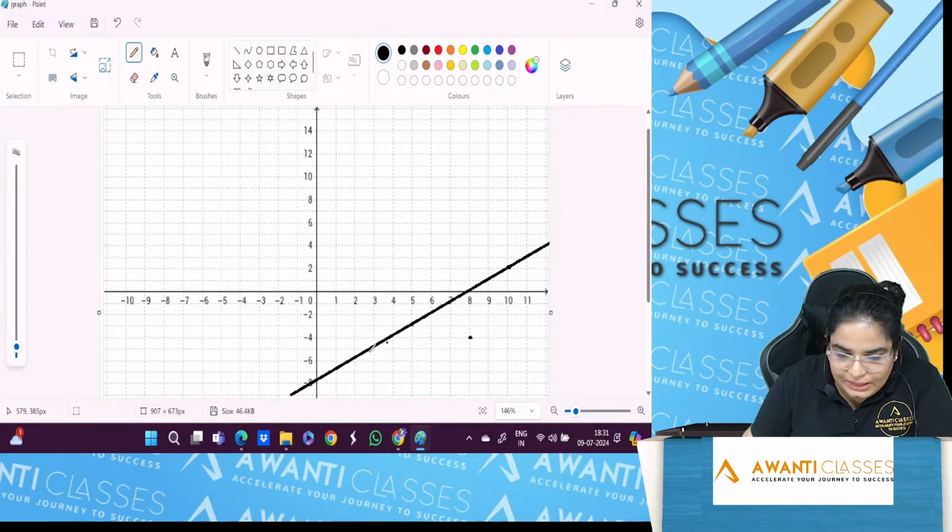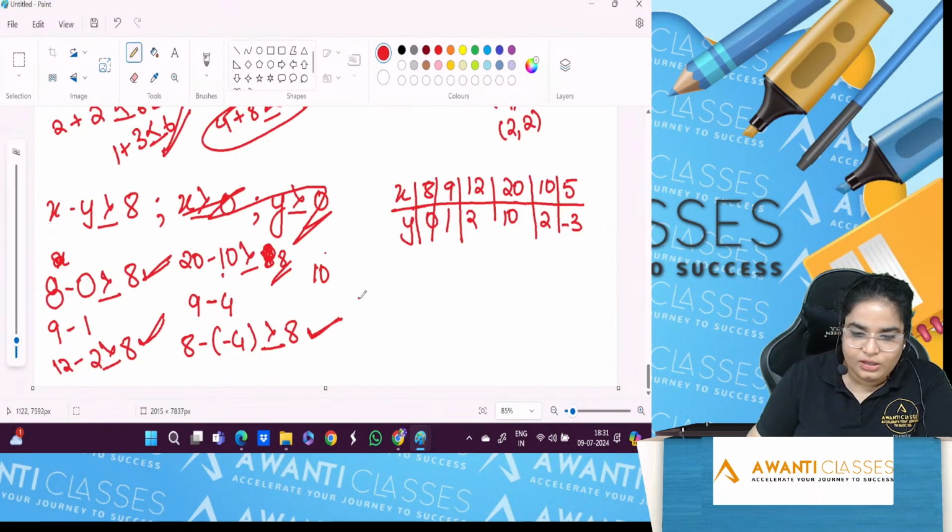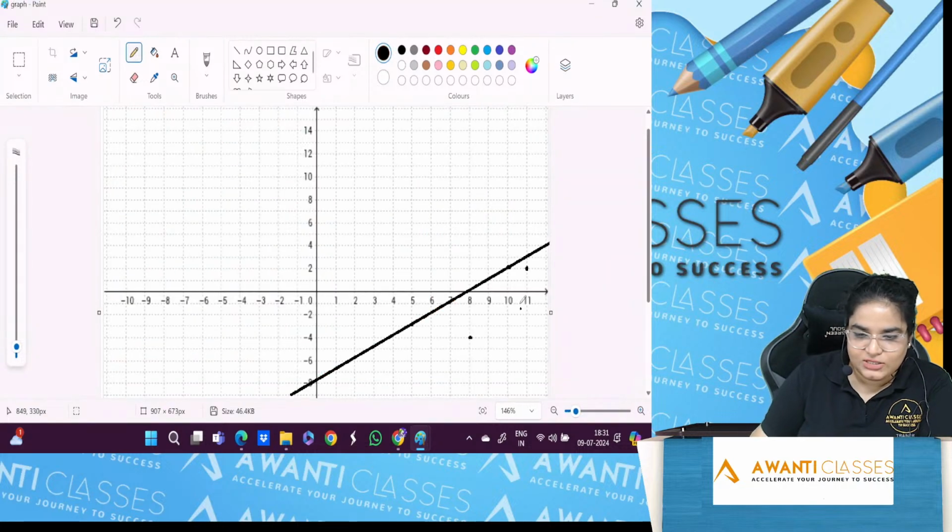Similarly, if we take this point, x is 11, y is 2. If x is 11, y is 2, is that greater than equal to 8? Yes, it is. So that is also satisfied. Similarly, let us try one of these points, 4 and 3.